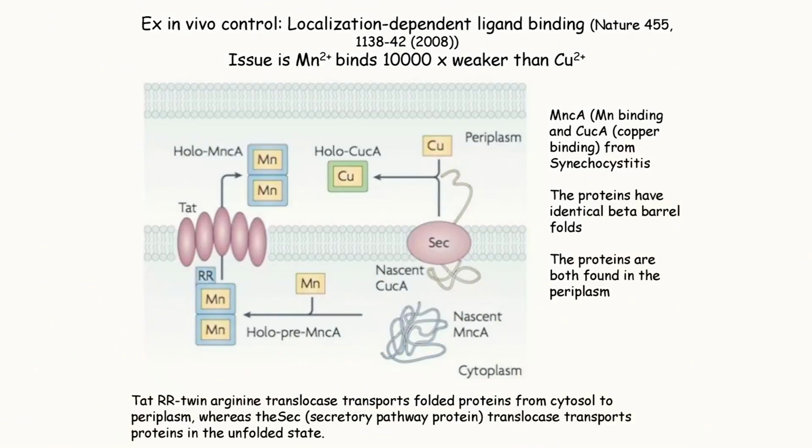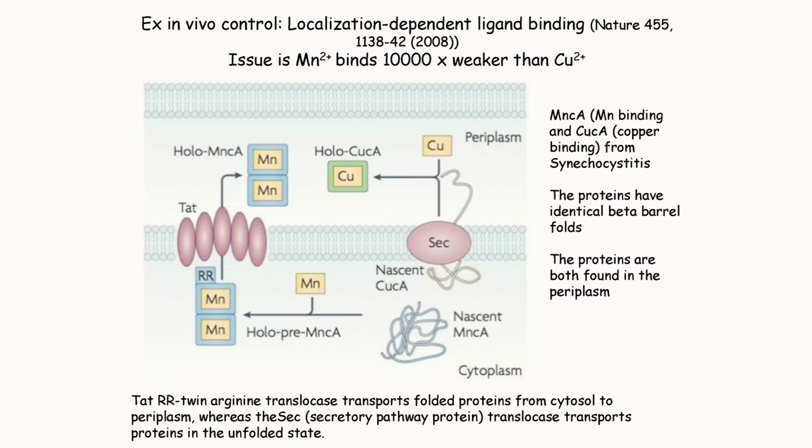Okay. Now what happens to the copper binding protein? In this case, as soon as it comes off the ribosome, it gets grabbed by a second kind of transporter. And this second kind of transporter transfers the unfolded protein through the plasma membrane. And it folds in the periplasm.